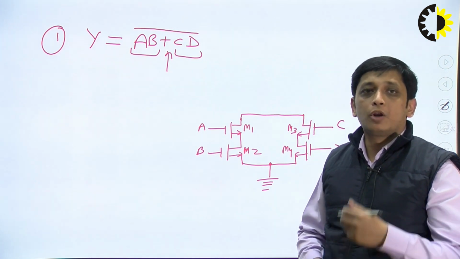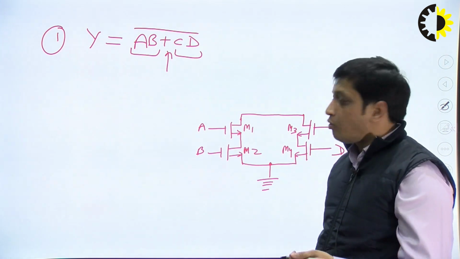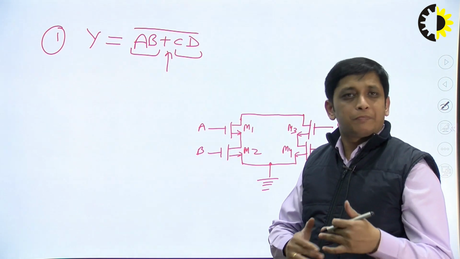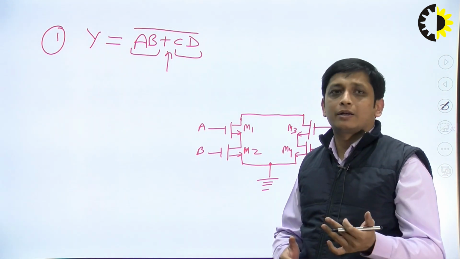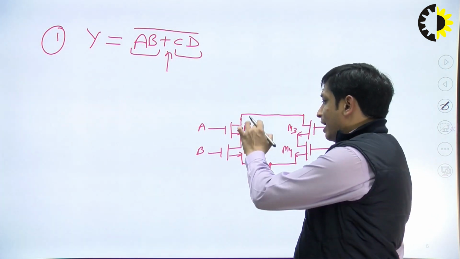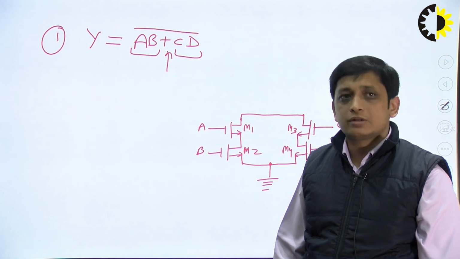Now coming to the pull up network, that will consist of PMOS transistors. Whatever is in series in the pull down network will be in parallel in the pull up network. Just go step by step. So M1 and M2 NMOS transistors are in series.